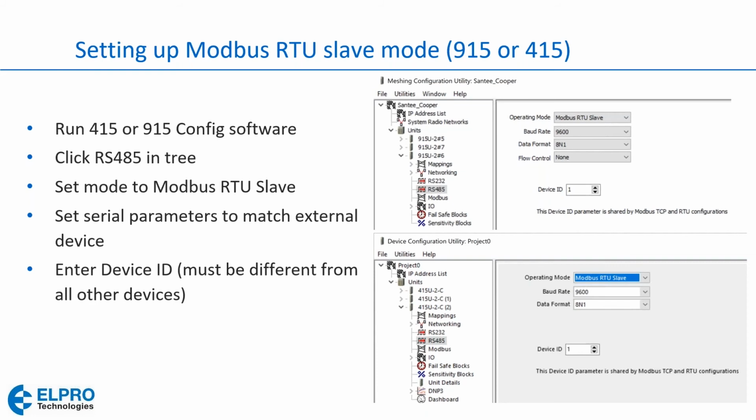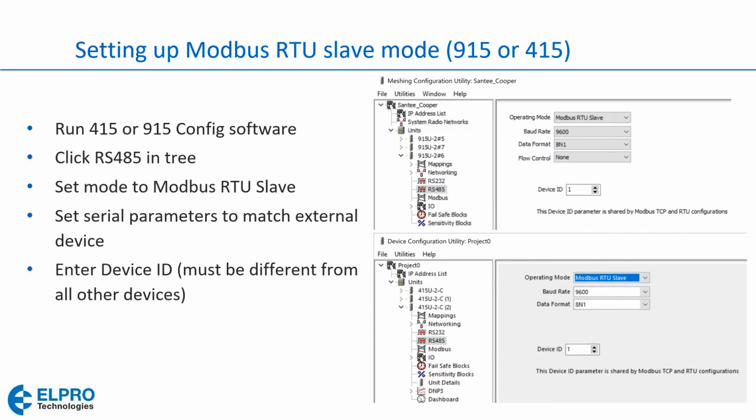It's much simpler than using the web pages. The web pages are generally used for diagnostic purposes. So with the 915, the 415, and the 215 U2 radios, you can run a browser, type in the IP address of the radio, and up pops the configuration and all of the diagnostics. Alternately, for the 915 and 415, we have a Windows-based program for configuration.